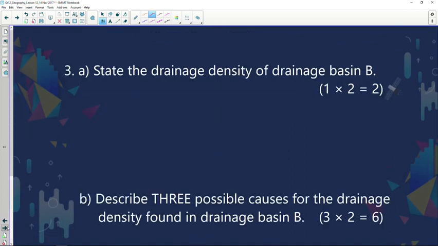Now state the drainage density of the drainage basin B. If you look at that, it's definitely a high drainage density. If you look at drainage basin B, it's the one with the dendritic pattern. Now as you can see, there are many tributaries, and that means there's a lot of surface runoff taking place.